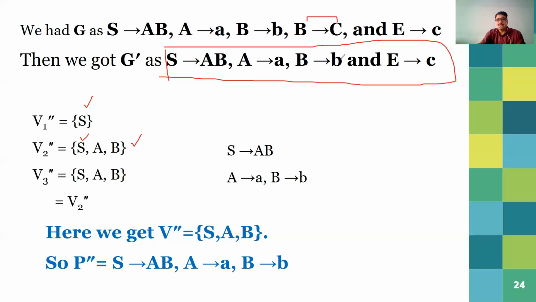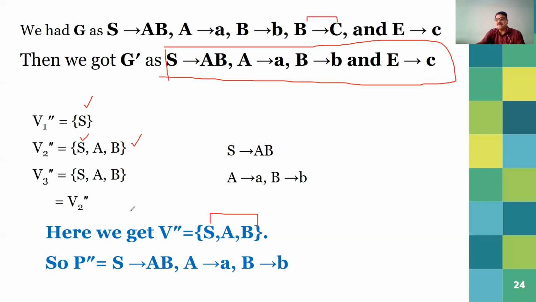And B provides small b, that is again a terminal, so that cannot be included in this set. So the set of variables will finally be S, A, B, and SAB is already obtained in V2. So V2 and V3 are the same. So we should stop here, and this is the final set of variables, that is S, A, and B.